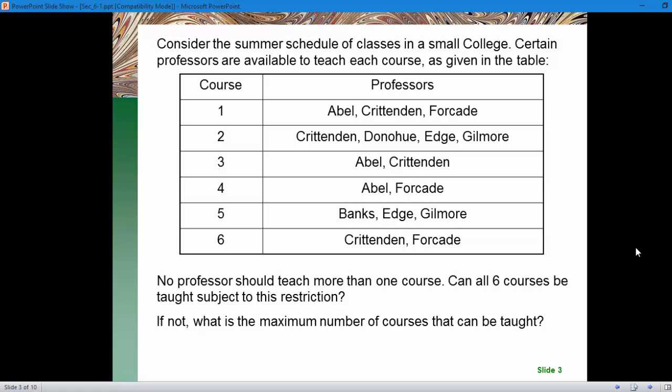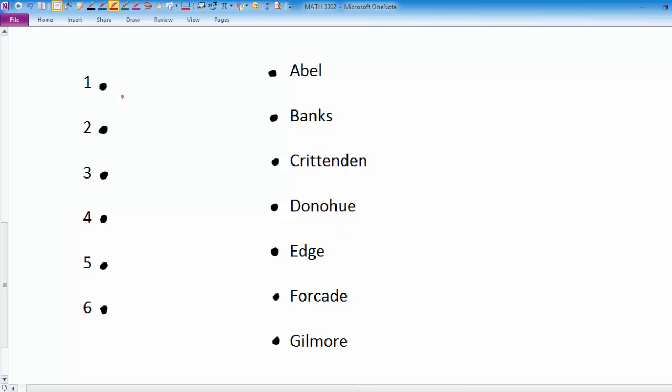We could use the same idea as we did at the beginning of the semester by assigning vertices to courses and professors. For example, if you recall the example of airline pilots, we have pilots and destinations, and we simply assign edges between the two groups of vertices: between the first vertex on the left and the first vertex on the right, second vertex on the left, second vertex on the right, and so on.